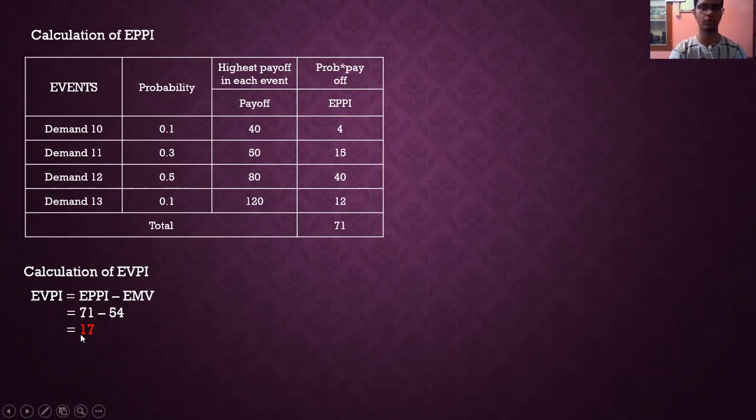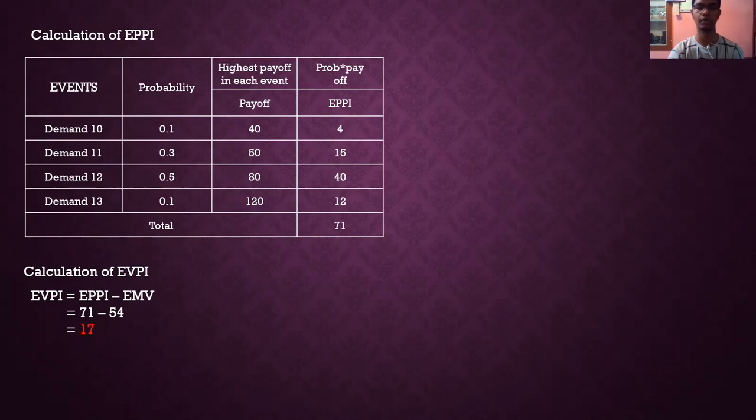So these are the steps which we went through. First was the EMV table. For the EMV table, first we have to draw the probabilities, then the payoff table. With the help of the payoff table, we find the EMV table. After that, we have to find the EOL table. To find the EOL table, first we have to draw a regret table. To find the regret table, again we go to the payoff table.